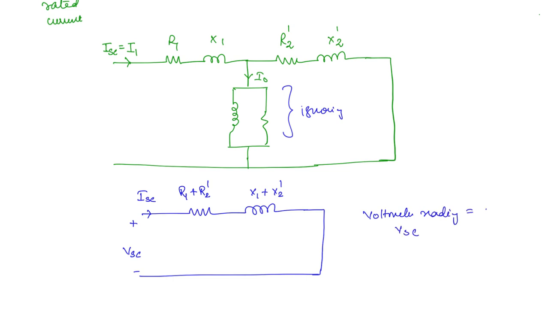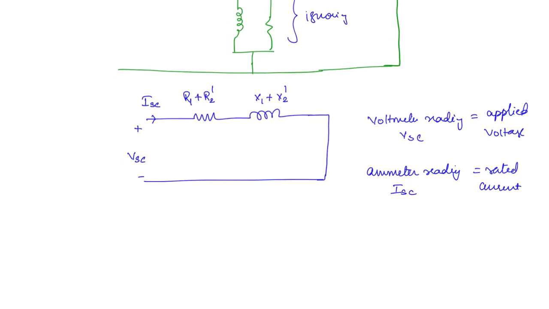This is equal to the applied voltage. And what about the ammeter reading? This is going to be nothing but the rated value of current.